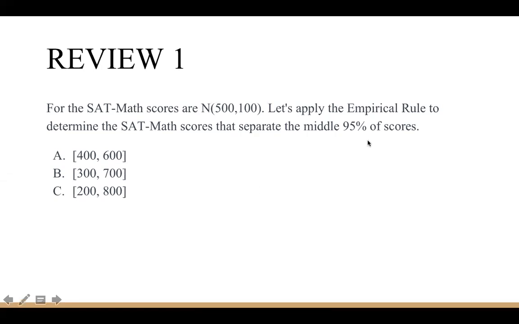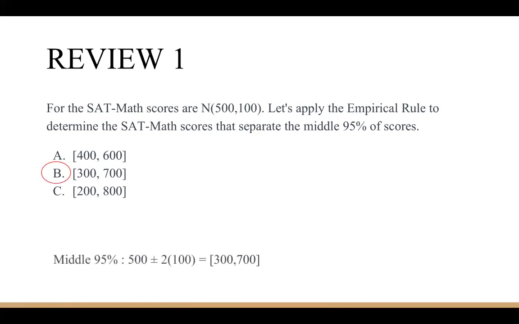Okay, so we're going to go over the answer to this. If you didn't quite get it yet, we're just going to go through it, and it shouldn't take you that long to do this, but maybe it'll clear things up if you're a little confused on how to go about it. So the answer is B here. What we're going to do during this problem is remember that the middle 95% of scores is, if you remember the empirical rule, within 2 standard deviations.